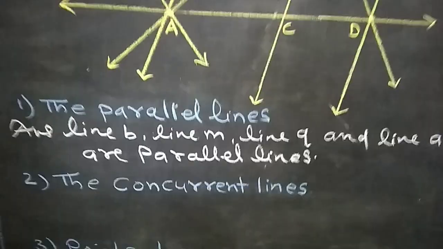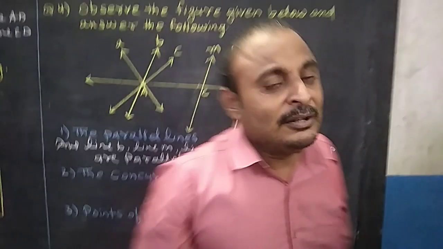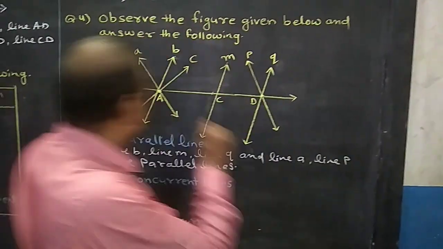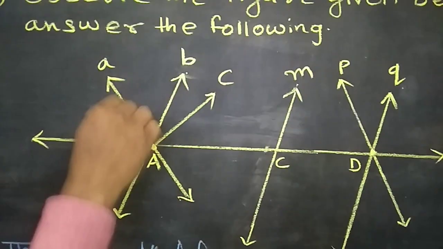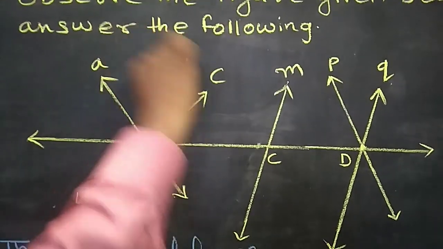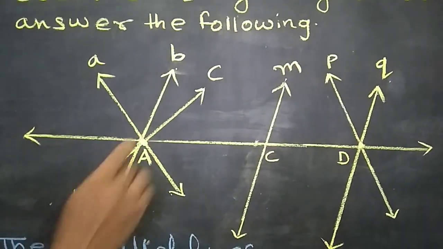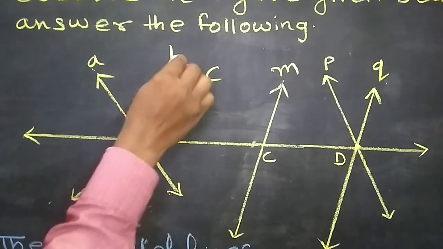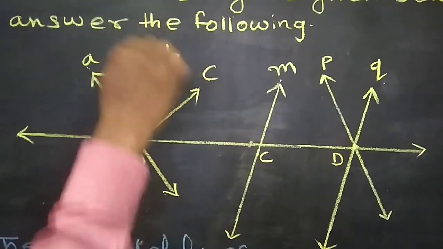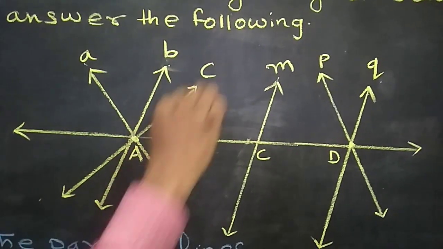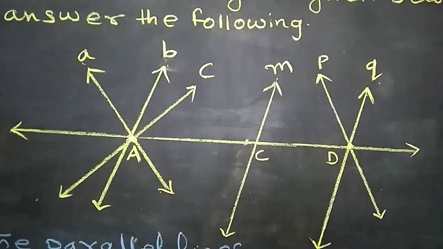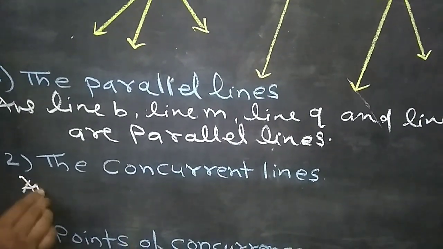Just now I told you what concurrent lines means. When more than two lines are intersecting at a particular point, all those lines are known as concurrent lines. Here you can see line A, line B and line C. All three lines are intersecting at a point A. So these all lines will be known as your concurrent lines.